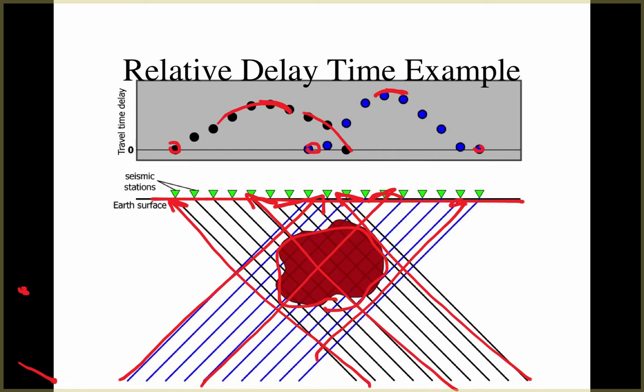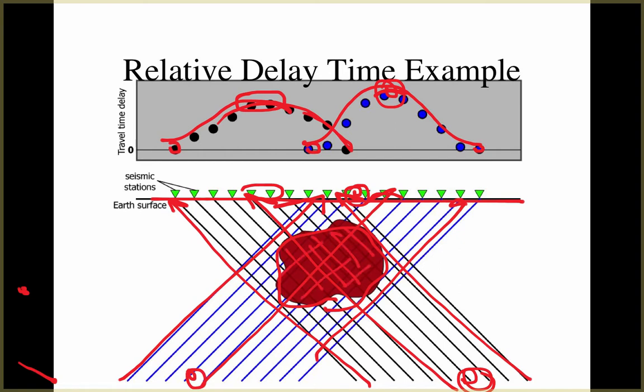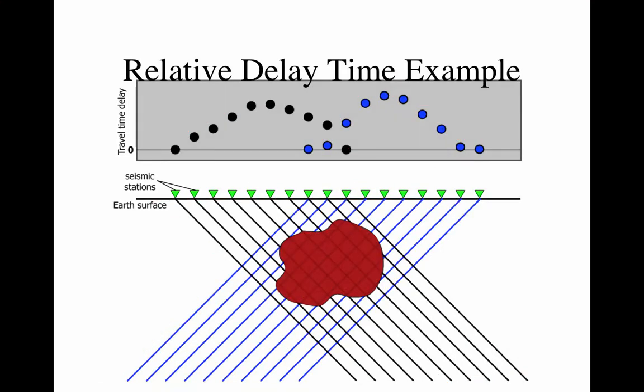By back projecting these seismic travel time advances or delays and finding a single solution in the subsurface that can match these travel time anomalies on these stations from this earthquake with these travel anomalies on these stations from this earthquake, I can locate this high velocity body in the subsurface. That's the essential principle of tomography.